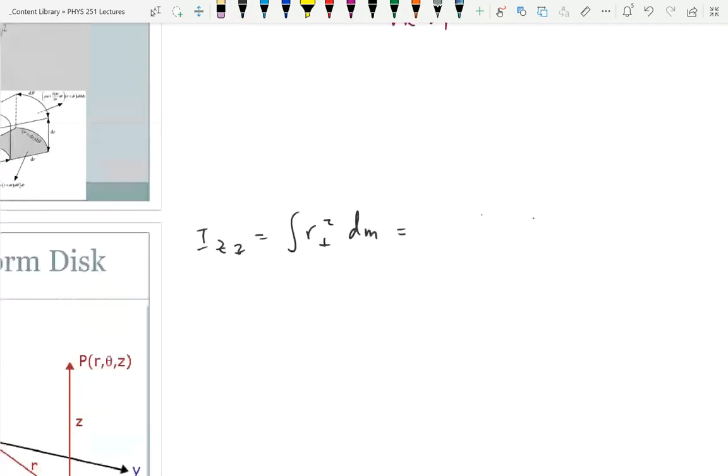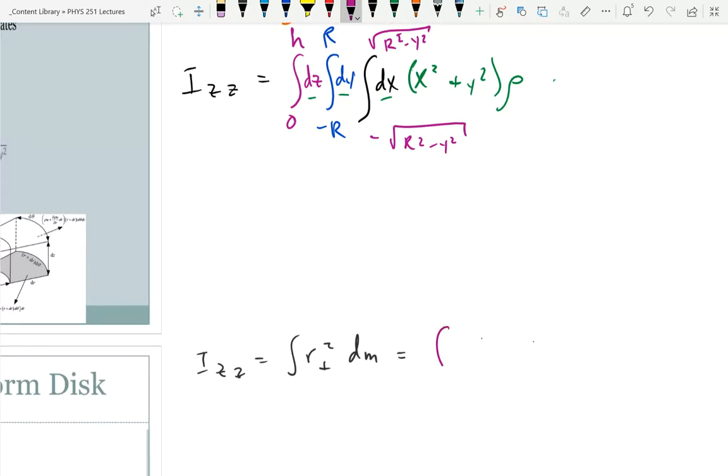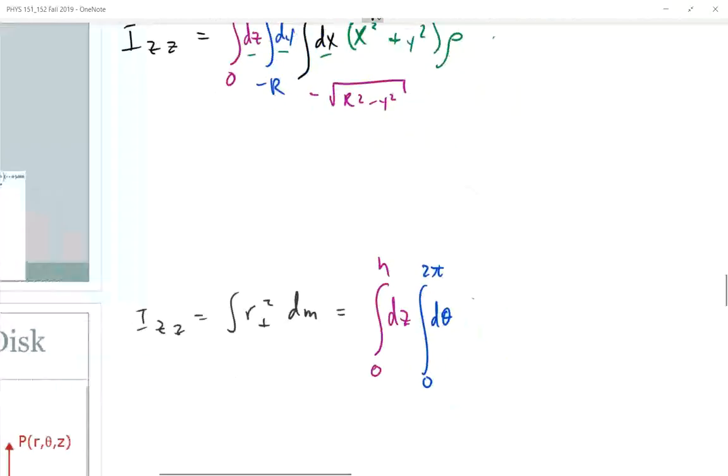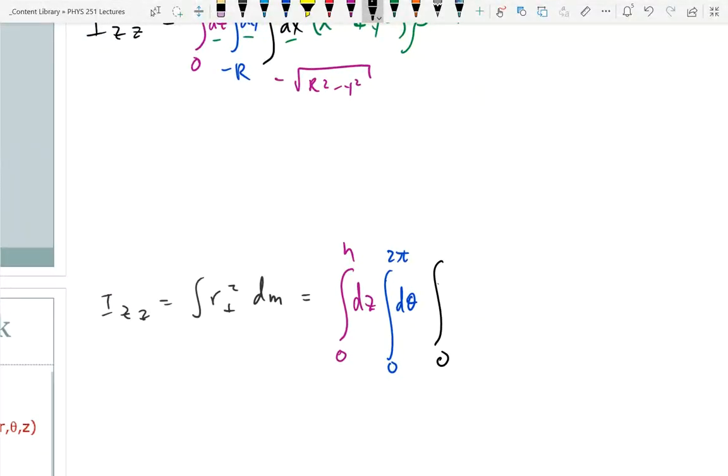And once again, I'll color code it. 0 to h dz. 0 to 2 pi d theta. 0 to capital R, and then we have rho times r perpendicular squared times r dr. So this r dr, I'm going to do further color coding.